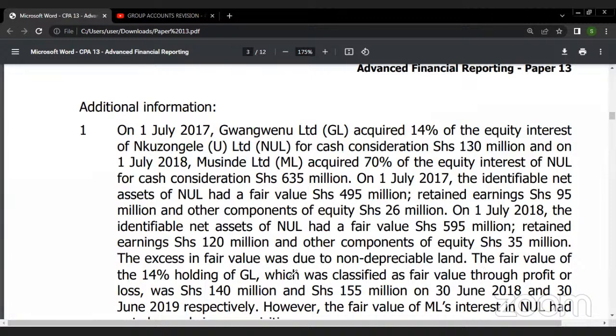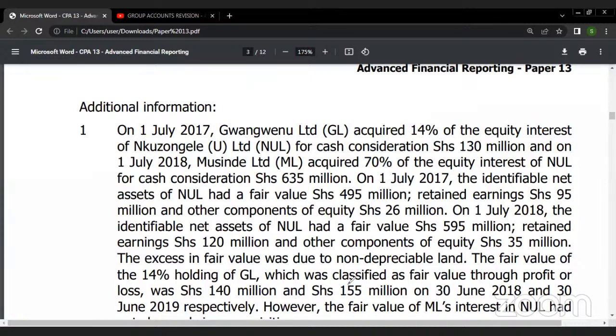The fair value of the 14% holding of GL, which was classified as fair value through profit or loss, was shillings 140 million and shillings 1 and 30th June 2019, respectively. So they are giving you the fair value of the 14% holding of GL in NUL on 30th June 2018 and 30th June 2019, respectively.